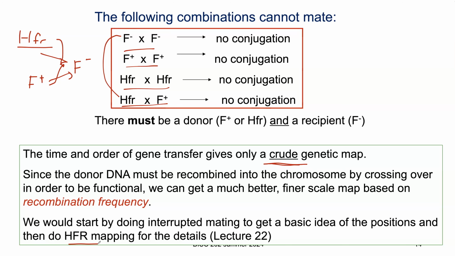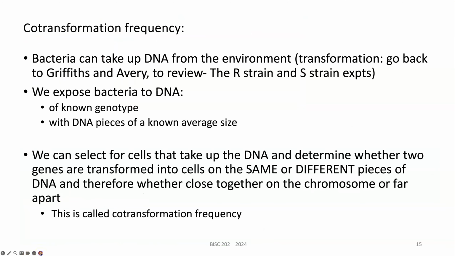You're going to look at lots of different cells, colonies, determine their genotype. It's a huge amount of work. So the more information you have to start with, the more likely it is that your experiment will work well. And we're going to talk about HFR mapping exclusively in the final lecture, lecture 22.